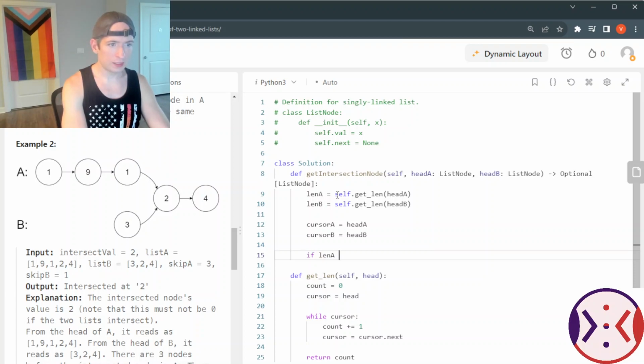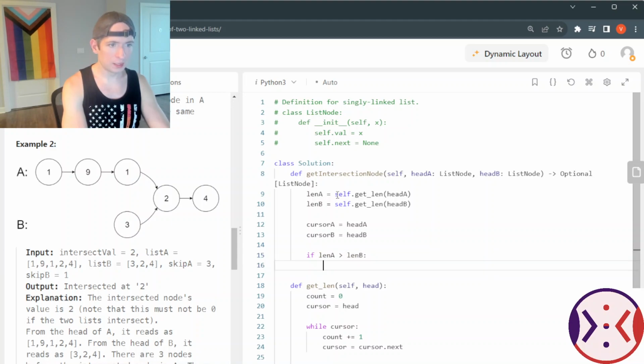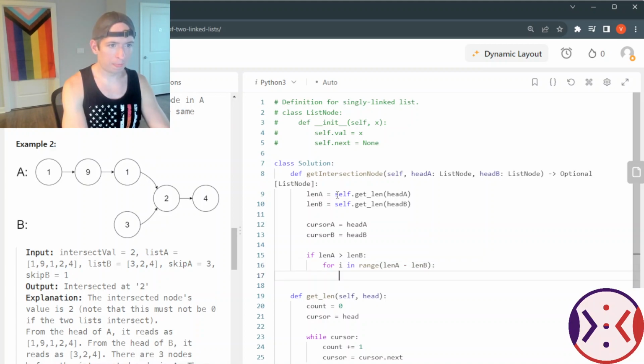So if len A is greater than len B, then for i in range len A minus len B, cursor A equals cursor A dot next.